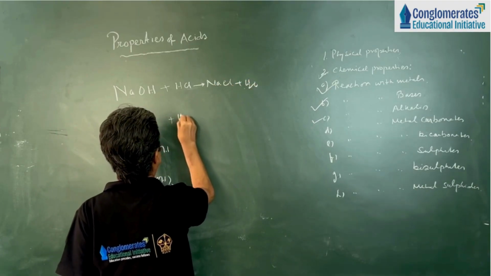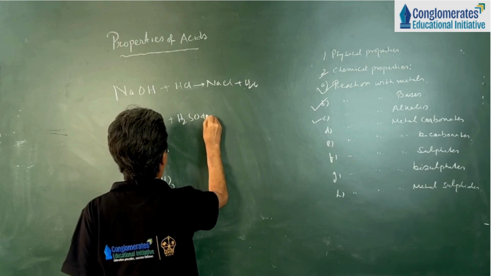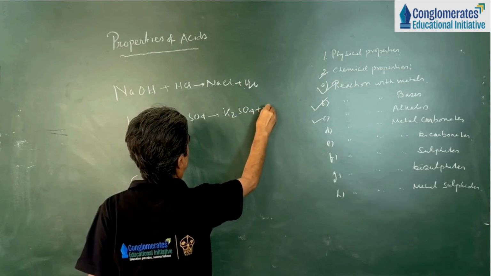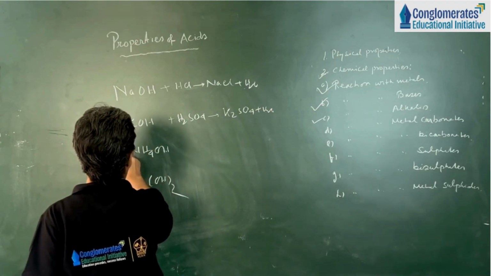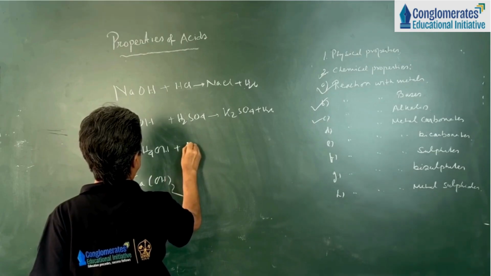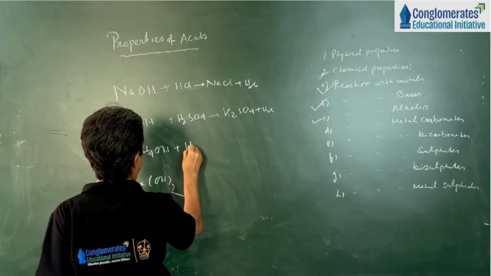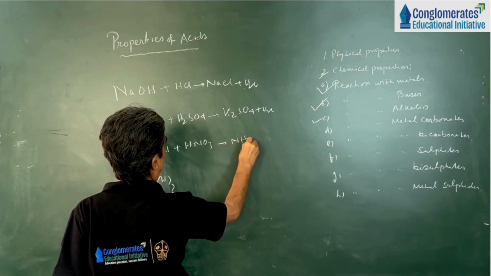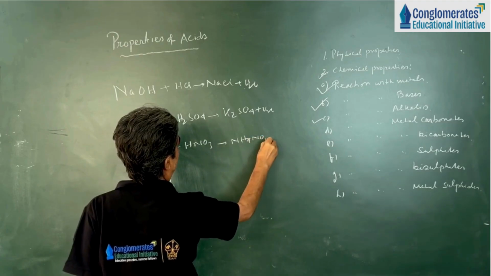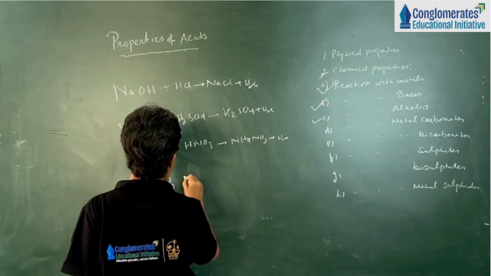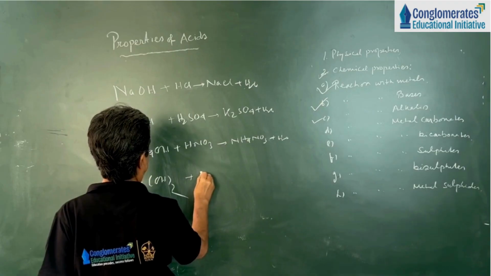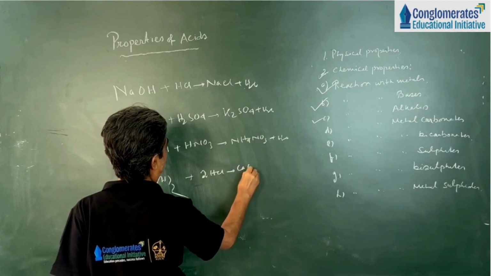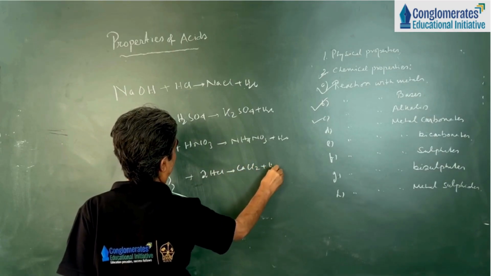They react with sulfuric acid to form K2SO4, salt and water, with KOH. Here you can also take HNO3. If you take HNO3, then 1 mole or 1 molecule is required, giving ammonium nitrate plus water. Here we can also use 2HCl with calcium hydroxide. We get calcium chloride plus water.